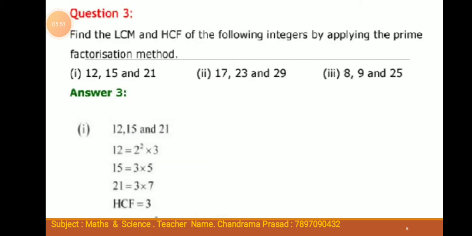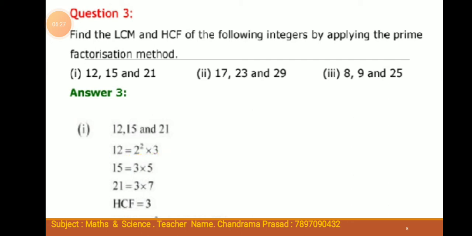Question number 3. Find the LCM and HCF of the following integers by applying the prime factorization method. First, 12, 15 and 21. Second, 17, 23 and 29. Third, 8, 9 and 25. Solution. First, the given numbers are 12, 15 and 21.